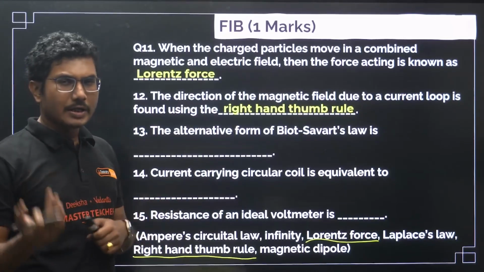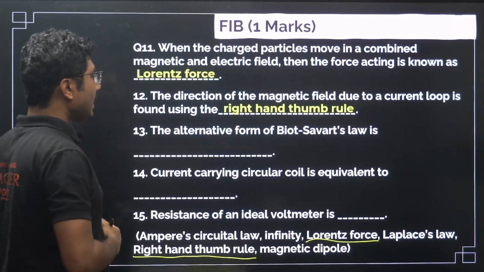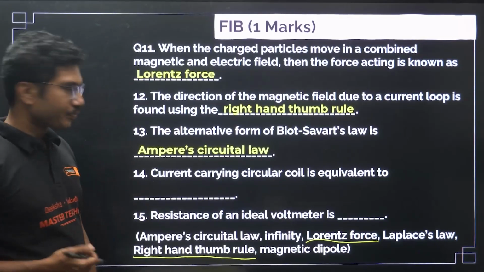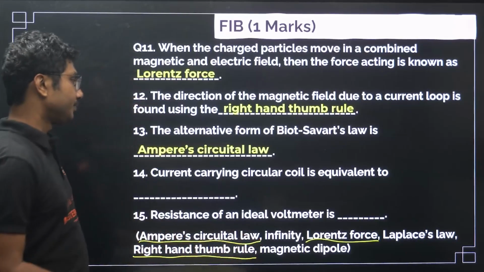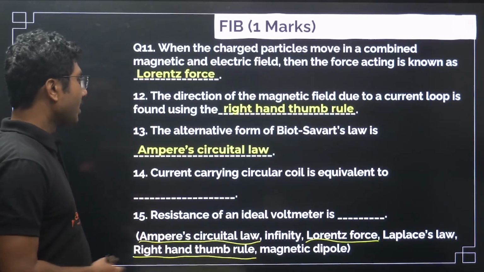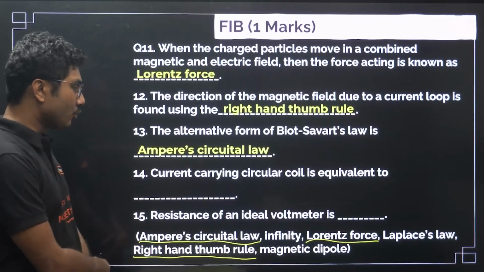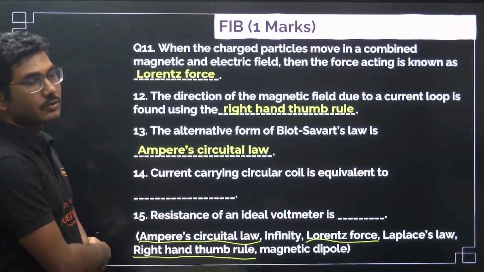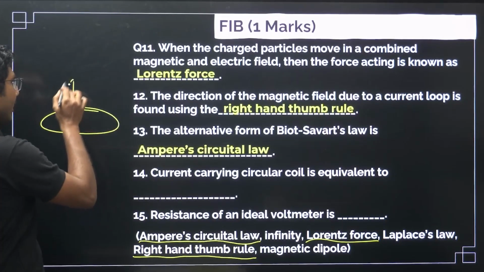The language and the mathematics are different, but they are basically the same law. So Ampere's circuital law is the alternative form of Biot-Savart's law.